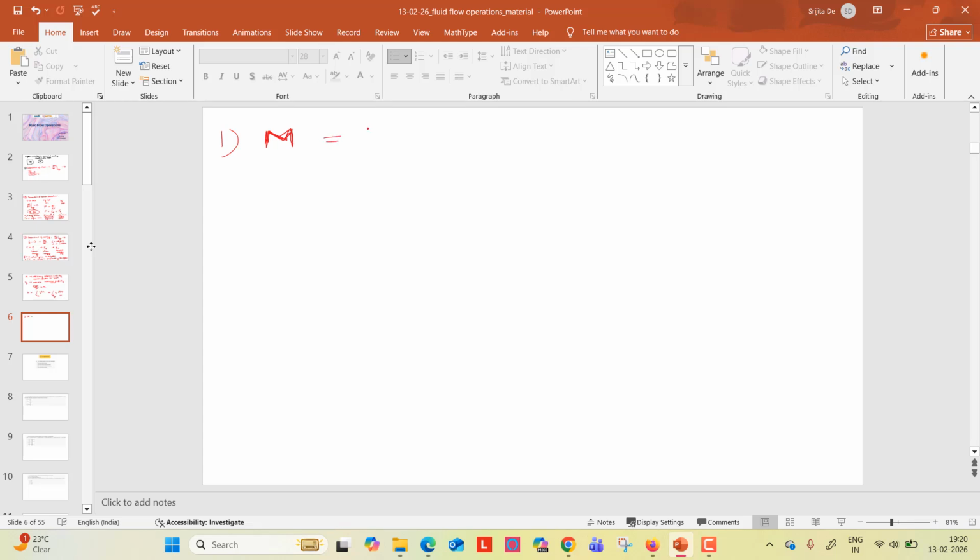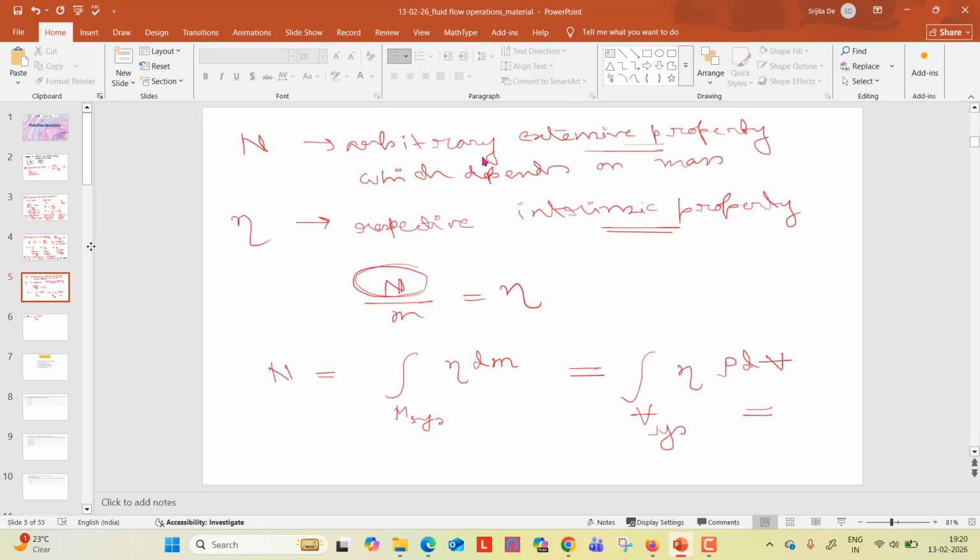Mass can be represented by density times volume of this system V. So if we compare with the previous expression, now suppose N is your M, that means M is your extensive property.